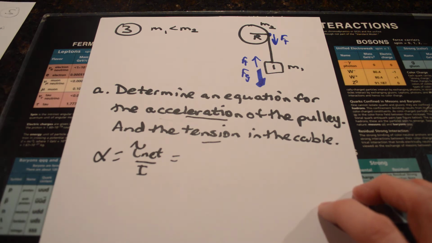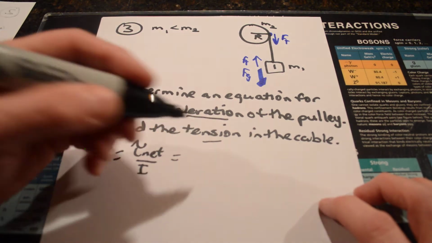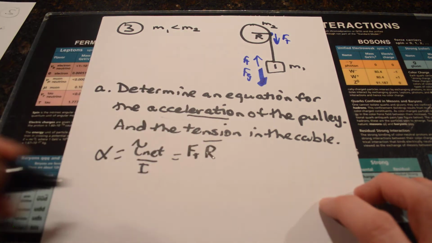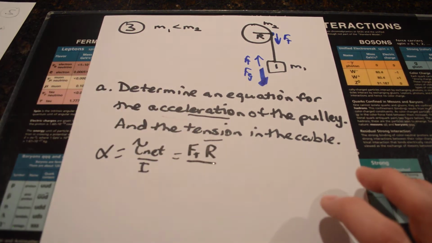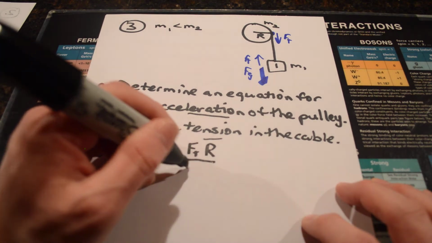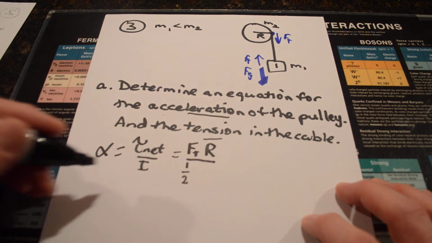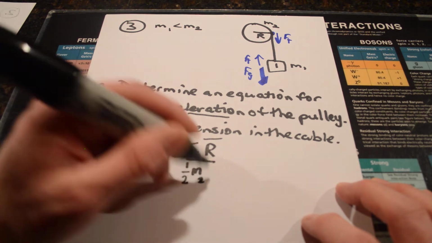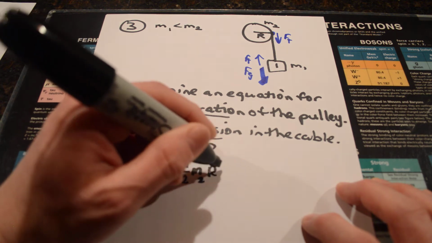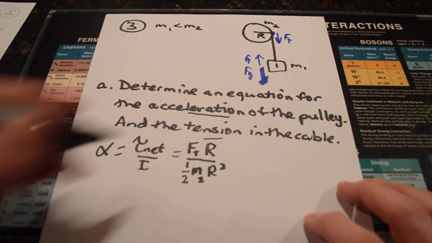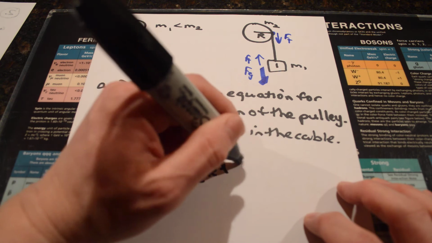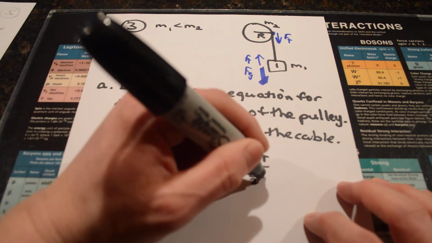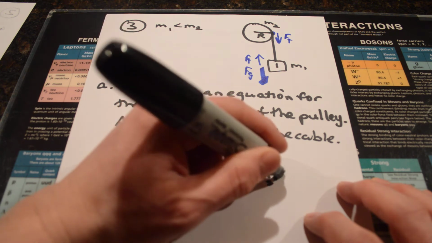So when we say, what is the net torque? The torque is going to be that tension force times the lever arm, which is the radius. And if we go ahead and use that idea that this is a disk, that would be 1/2 m. In this case, it's the mass of the pulley, which I have labeled as 2, and then this would be r squared. One of the r's will cancel, and that's going to give me the tension over 1/2 m times r.